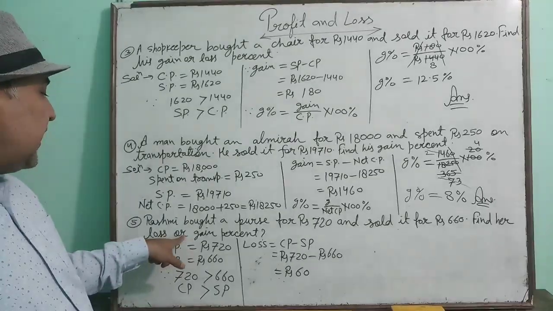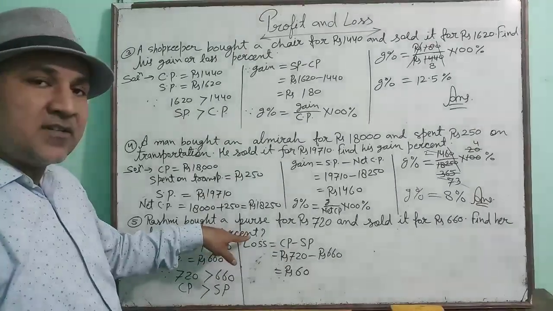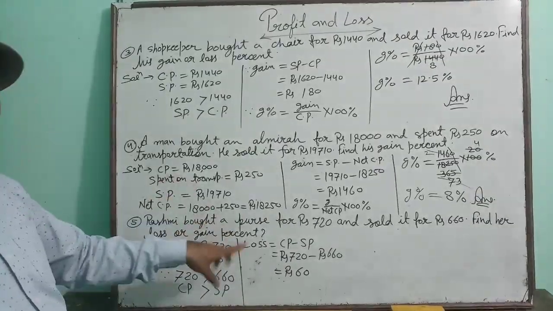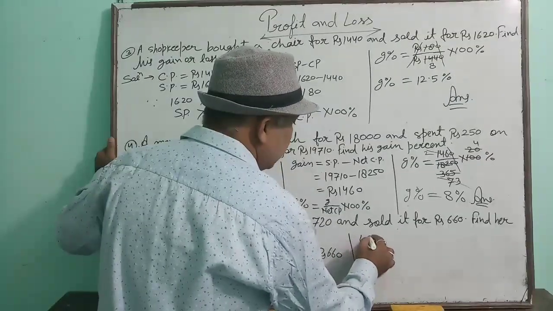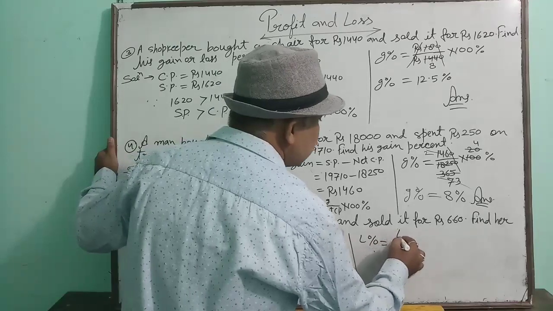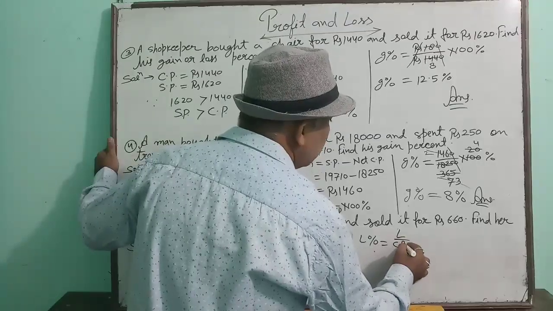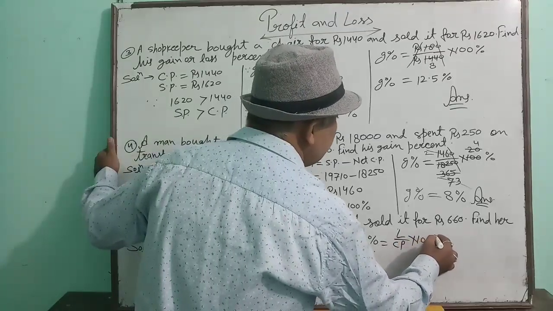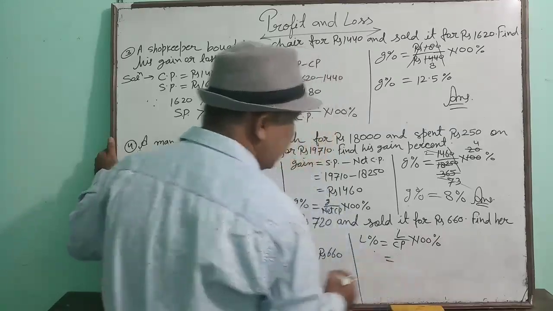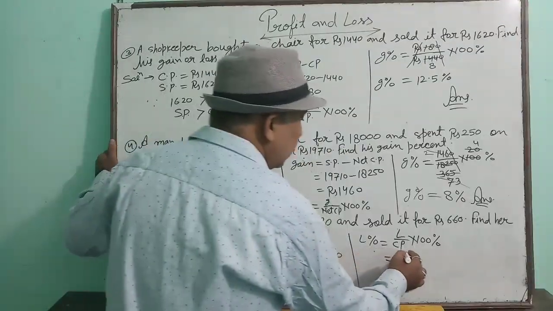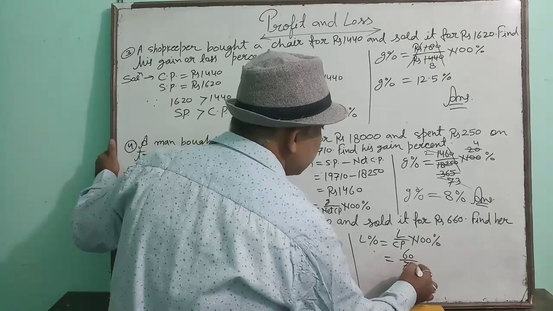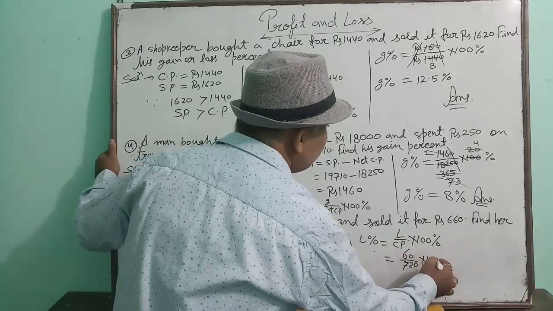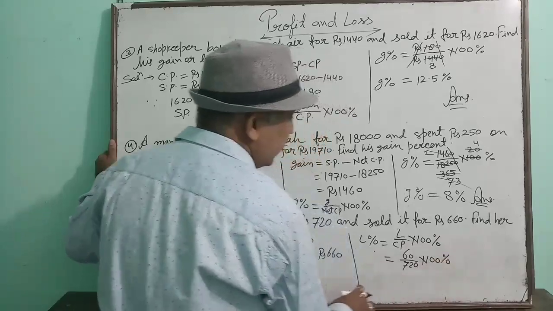But we have to find loss or gain percent. That means we have to find the loss percent here. So we can find the loss percent by solving loss upon CP into 100%. Okay. Loss is 60, cost price is 720, multiplied by 100%.